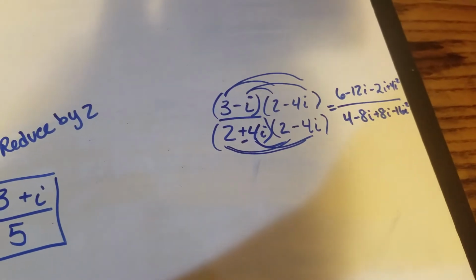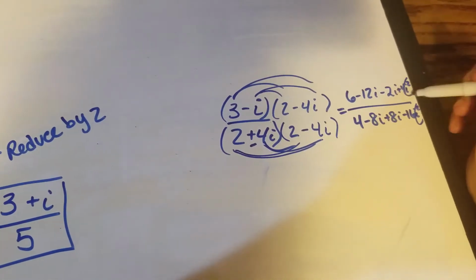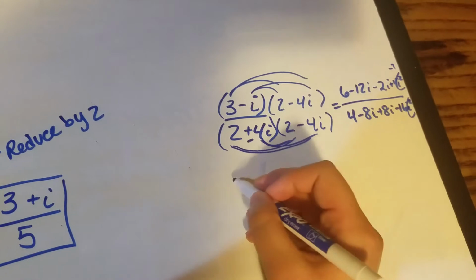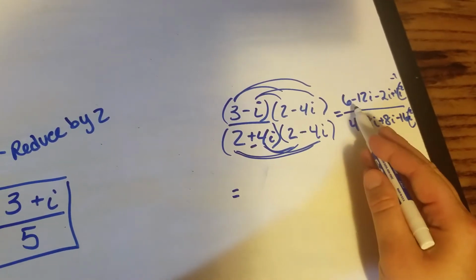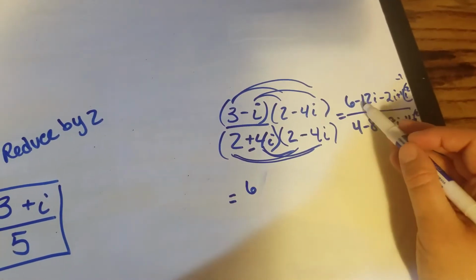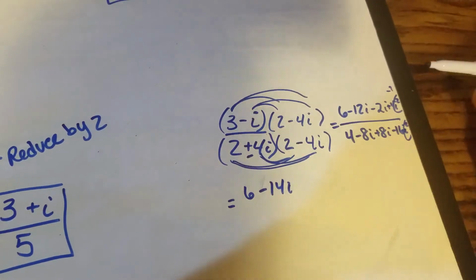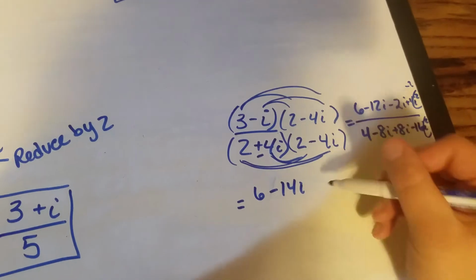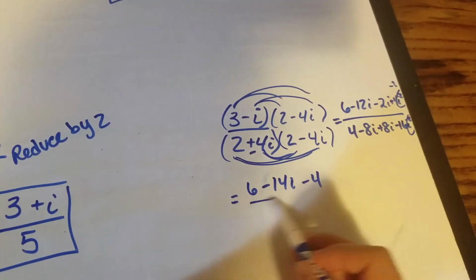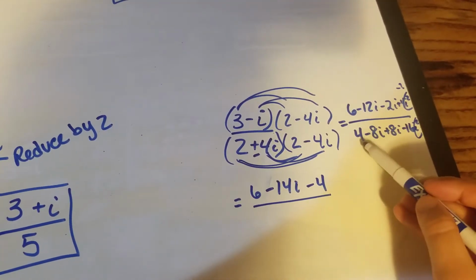i squareds again are going to turn into negative 1. I'm running out of room, so I'm going to come down here. So we have 6. Negative 12i minus 2i is negative 14i. Then we had 4 times negative 1, which is going to give us negative 4, over 4.